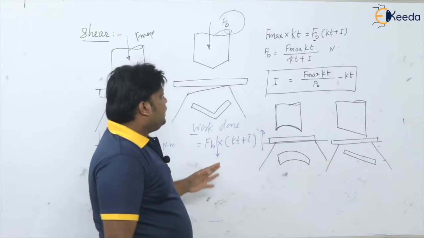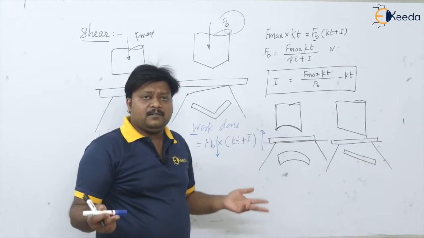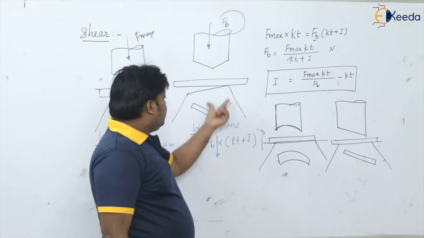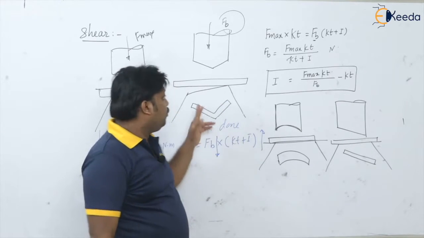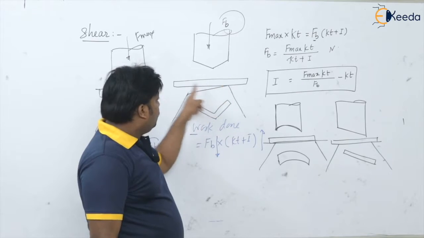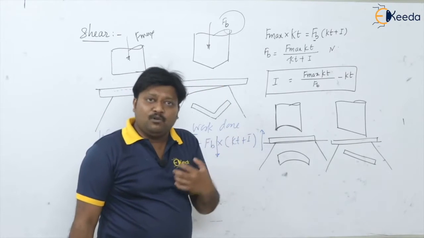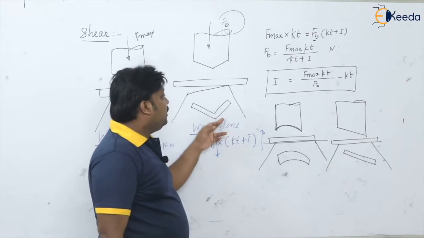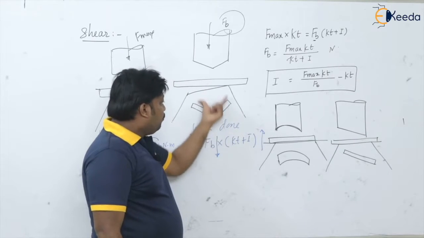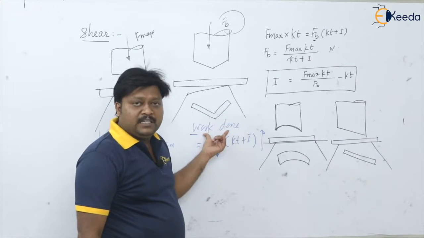But it is okay, because the slug is actually the scrap in the case of punching operation, because whatever hole is produced onto the sheet is important for me, isn't it? I have nothing to do with whatever slug or blank or disc is coming out from the die.